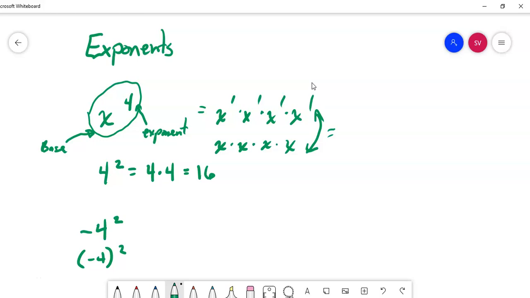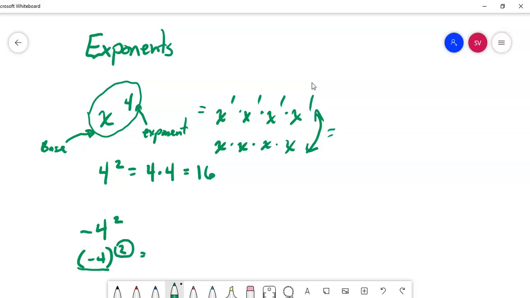Now there is a very important distinction between these two. Notice here I have an exponent of 2, and then in parentheses I have a minus and a 4. What we have to do with this exponent of 2 is carbon copy all the contents in the parentheses.